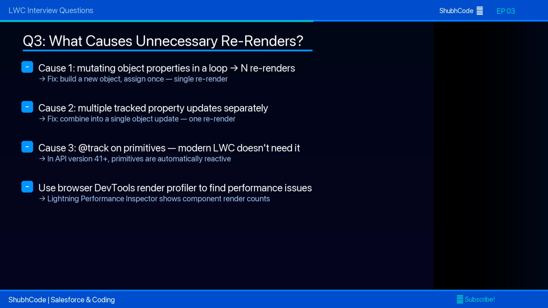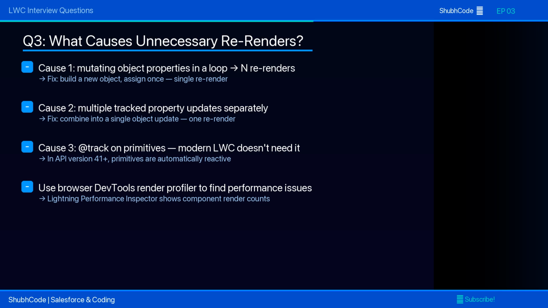This is the performance interview question and it's increasingly common at senior level. LWC re-renders a component whenever a reactive property changes. Reactive properties are those decorated with @track, or in modern LWC, any property that is an object or array, since those are tracked by default. Three common causes of unnecessary re-renders.